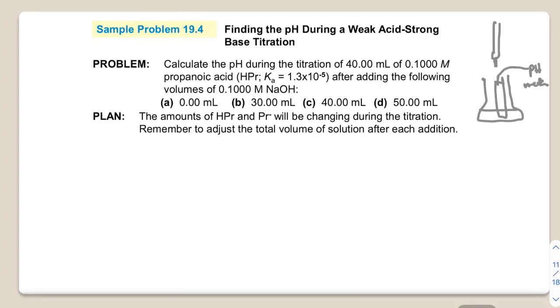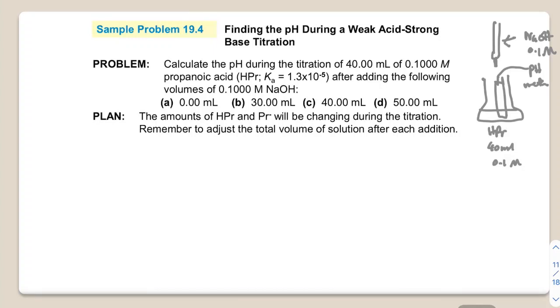What we have in this conical flask is propanoic acid, HPr, with the volume 40 ml and 0.1 molar, while what we have in this burette is sodium hydroxide, 0.1 molar.